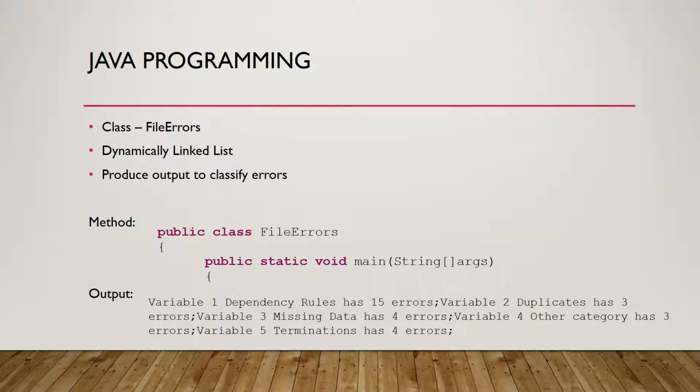Just as we look at the dynamic data structures within the context of data, in the program that I created to illustrate how this could be used, I used a specific class called file errors as I ran the report. As you can see, running through the program produced outputs which identified the error types and the number of errors found within that particular error report.